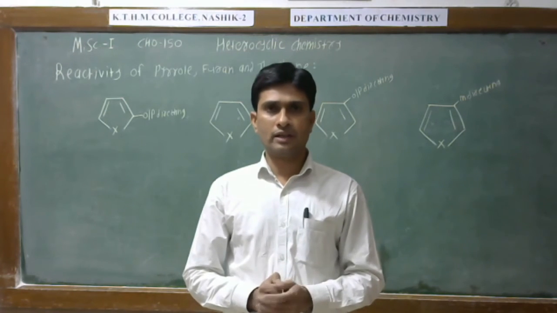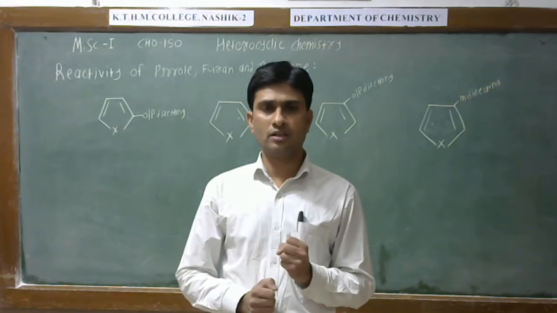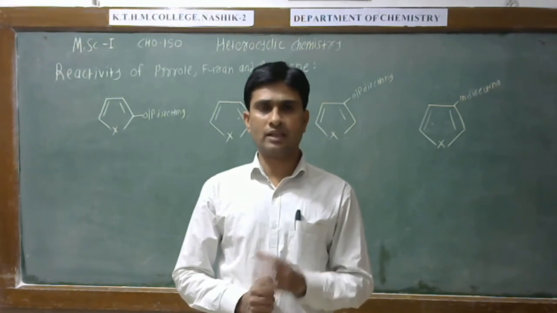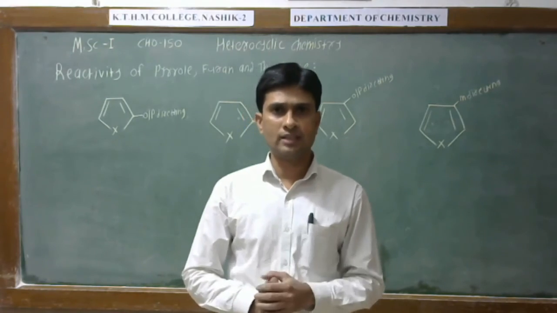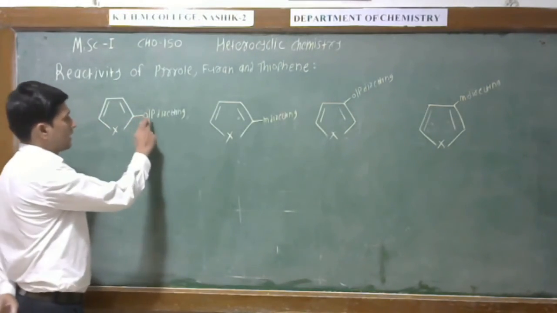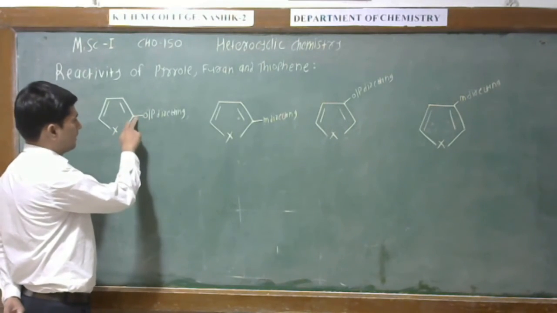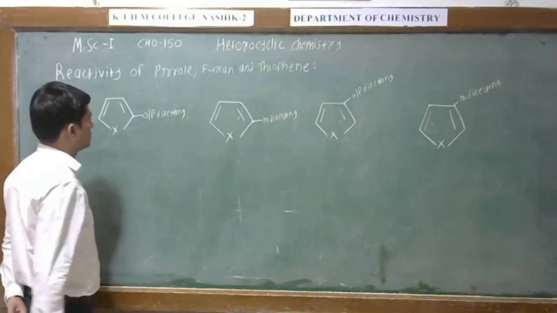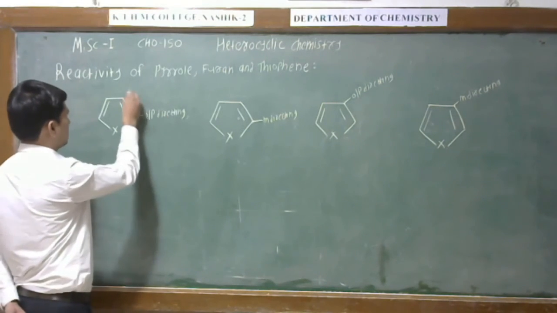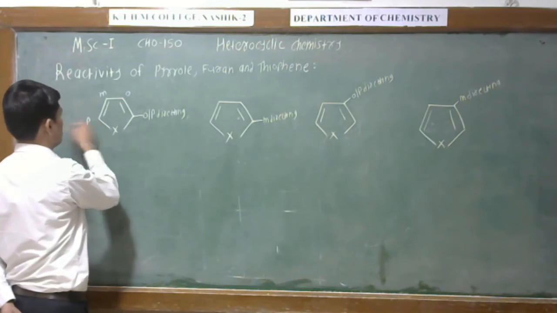substitution at the 3 position will increase. Now let us see, when there is a substituent on the alpha position or beta position, where does electrophilic substitution take place? See, this is the first example in which ortho and para directing groups are present at the alpha position. If this is the substituent here, then this is ortho position, this is meta position, and this is the para position.